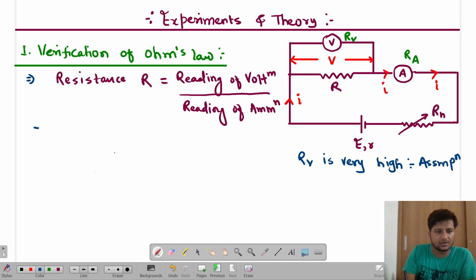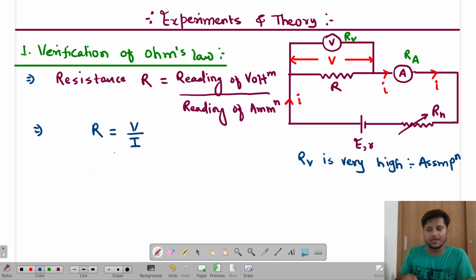This means that we can say that this resistance R is equal to V by I, because the voltmeter reading is V and the reading of the ammeter is I. Are you able to get me or not?